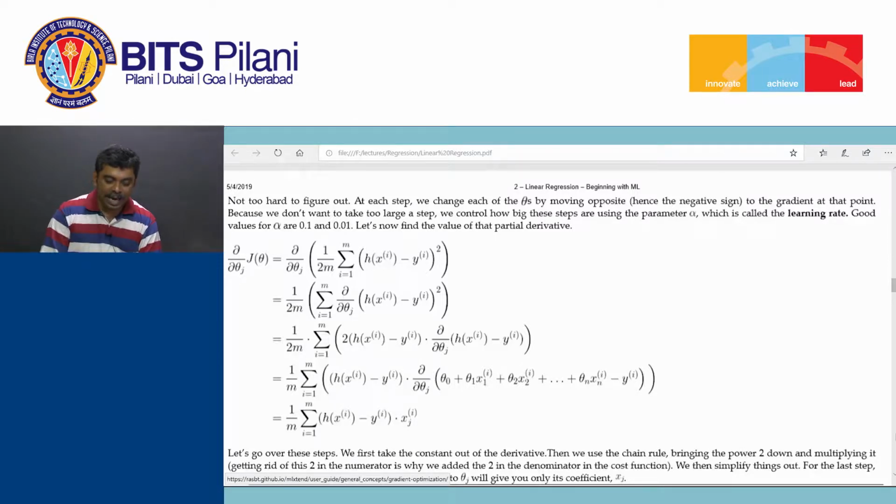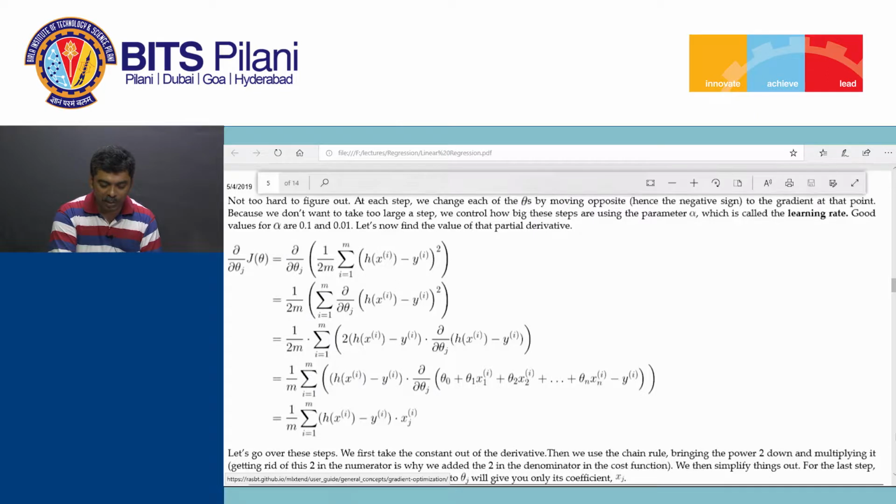We also know that h is a function of theta: theta naught plus theta 1 x1 plus theta 2 x2, and so on, with index i from 1 to m and index j from 1 to n, if you recall. When you take that partial derivative, it's a chain rule. You take care of the square first, and this is the reason the 2 was brought in with that m, so that 2 and these 2 cancel out.